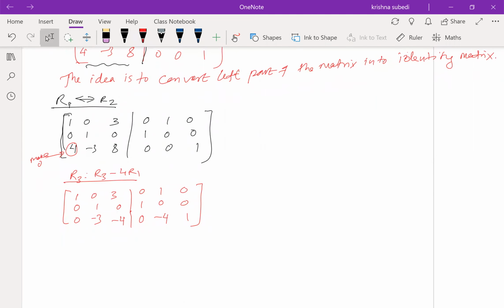Now, you need to make this entry 0. Operate R3 plus 3R2. In R3, R3 plus 3R2. Okay, thank you.